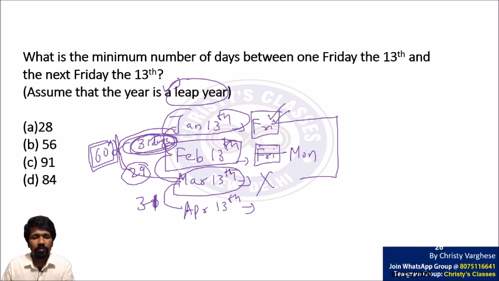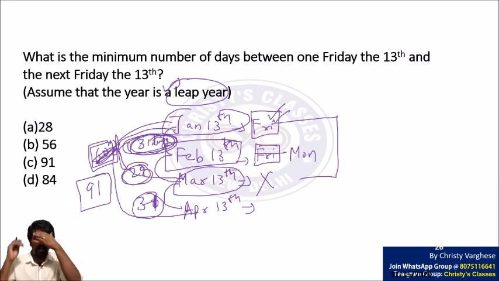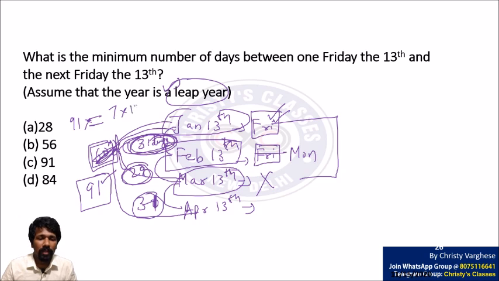So the total number of days will be 31 plus 29 plus 31, which means from Jan 13 to April 13 there will be 91 days. 91 is a multiple of 7, that is 7 into 13. As it is a multiple of 7, the same day of the week will come. So this is also a Friday.